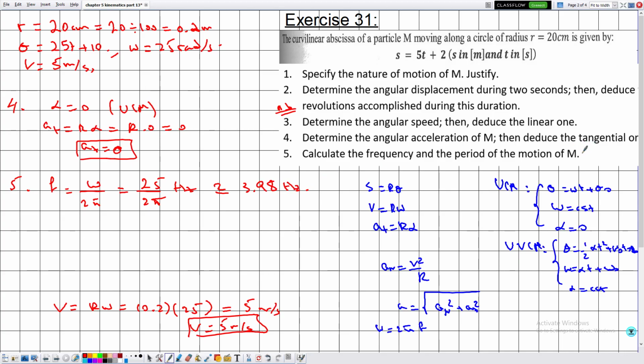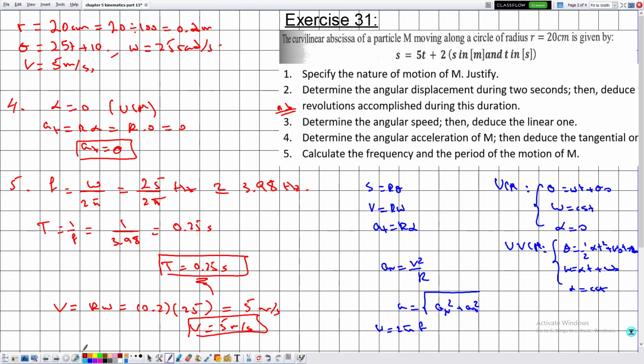And the period of the motion is given by 1 over the frequency, so 1 divided by 3.98. Plugging this fraction into the calculator, it's given by 0.25 seconds. So the period is equal to 0.25 seconds.